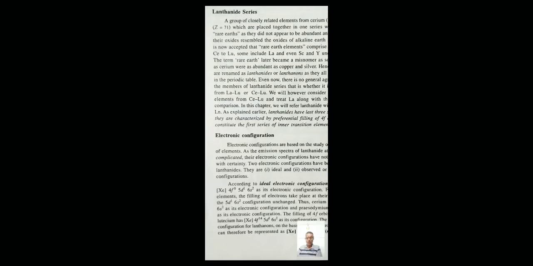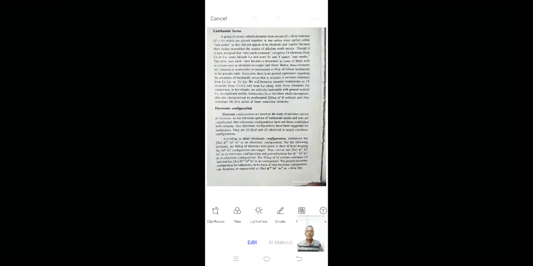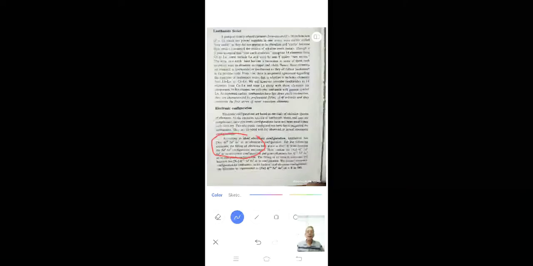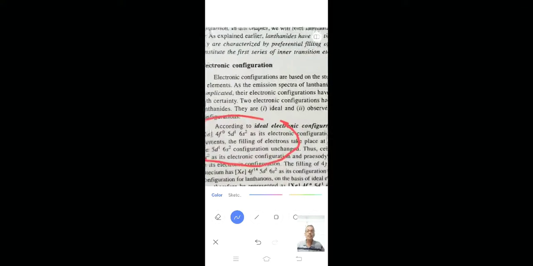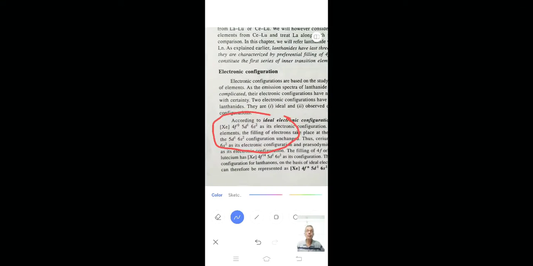The ideal electronic configuration, my friends, is very simple to understand. For lanthanum, the first element of the lanthanides, that is 57, it is xenon 4f0, 5d1 and 6s2.